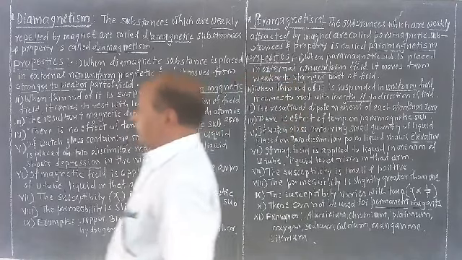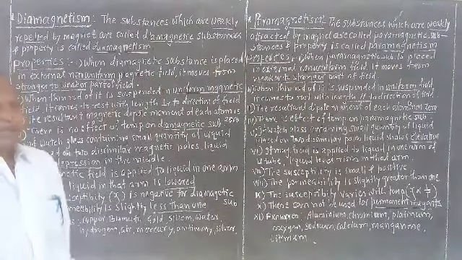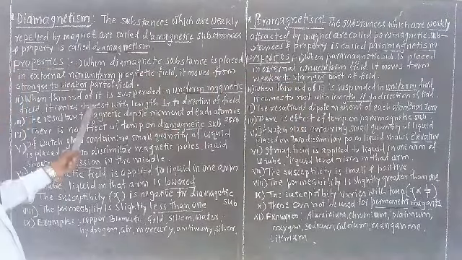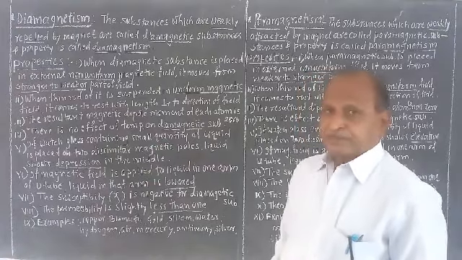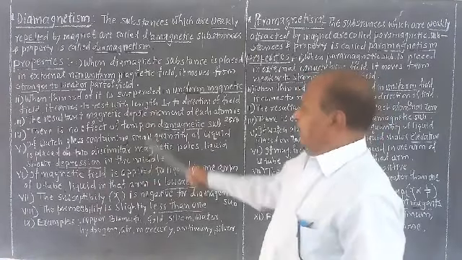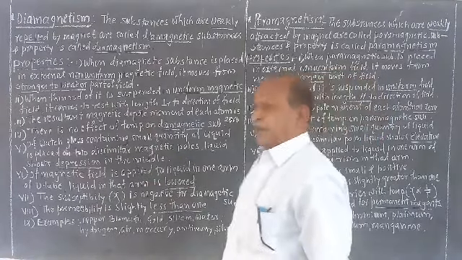Second property: when a thin rod of the substance is suspended in a uniform magnetic field, it comes to rest with its length perpendicular to the direction of the field.